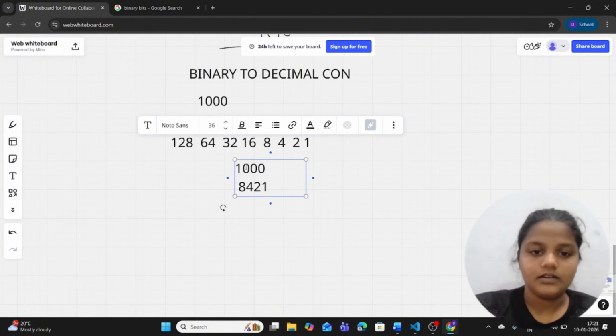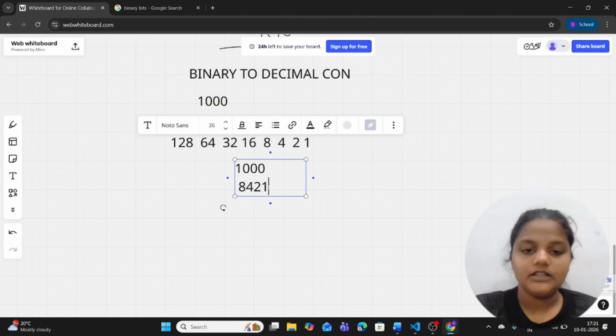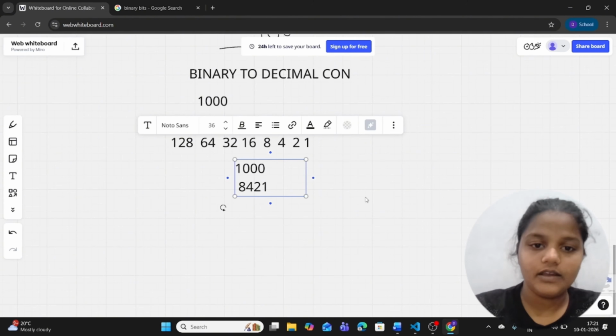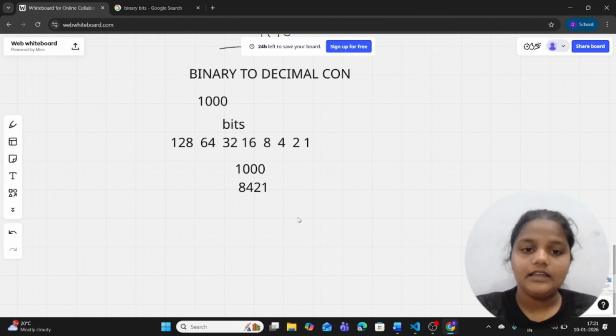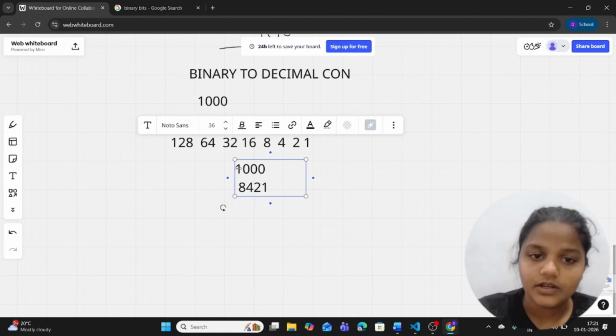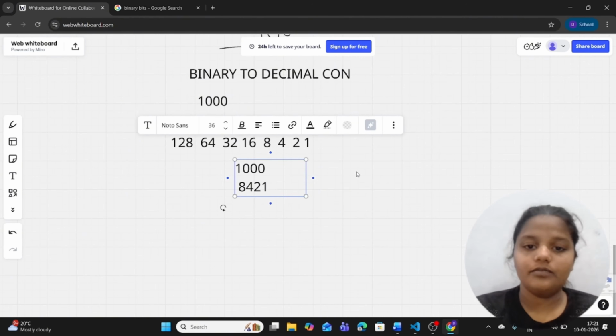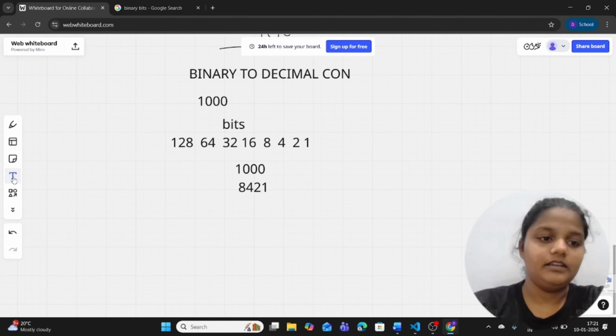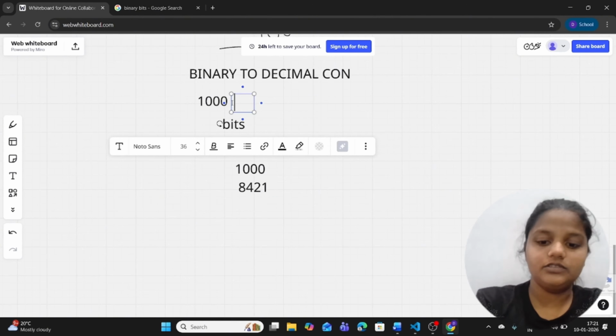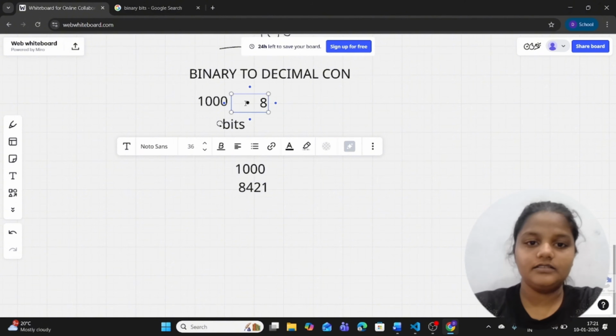For 1 it is 8, for 0 it is 4, 0 2, 0 1. So right to left it is going. Now find in our binary number where there is one, calculate and add that bit value. So here in our binary number we have only one 1, and its value is 8, right? So for 1000 the decimal value is 8.